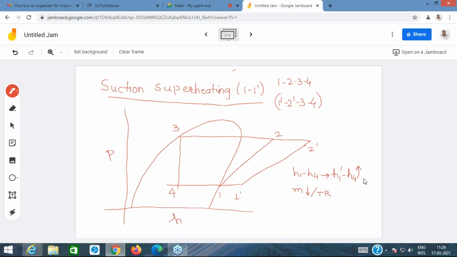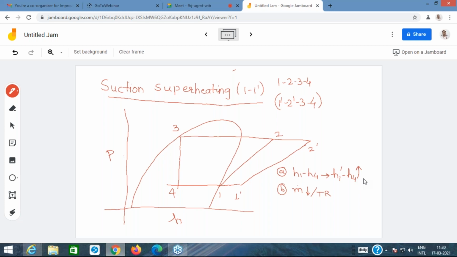So this is the first modification, and these are the impacts. One, because of suction superheating, the specific refrigerating effect increases from H1 minus H4 to H1 dash minus H4. Second, for the given capacity, the mass flow rate per ton of refrigeration would decrease.